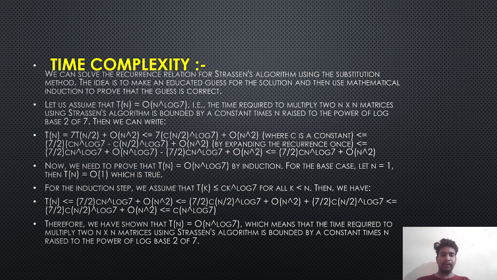So we will solve this question like this: T(n) less than or equal to 7/2 c n to the power log 7 plus O of n to the power 2, and we will put this value. Therefore we have shown that T(n) equals O of n to the power log 7, which means that the time required to multiply two n by n matrices using the Strassen algorithm is bounded by a constant times n raised to the power of log base 2 of 7.